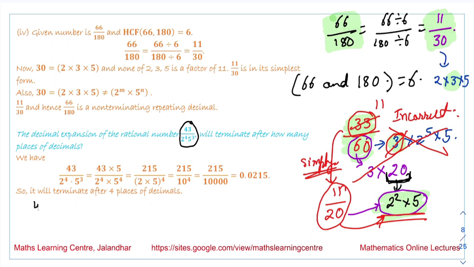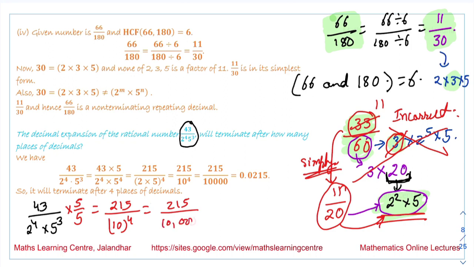We multiply and divide this number by 5 and we get 215 by 10 raised to the power 4. So it is 215 by 10,000. The answer is 0.0215. So it will terminate after 4 places of decimal.